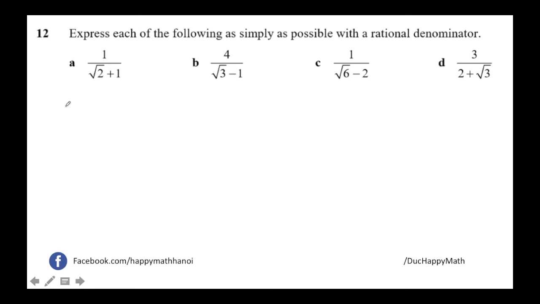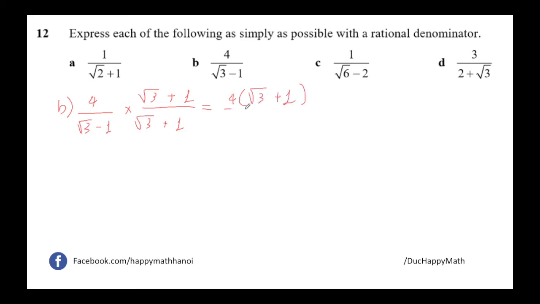In the same way with question B, the conjunction of square root of 3 minus 1 is square root of 3 plus 1. Multiply them together, and expand the numerator: 4 square root of 3 plus 4, over square root of 3 square minus 1.